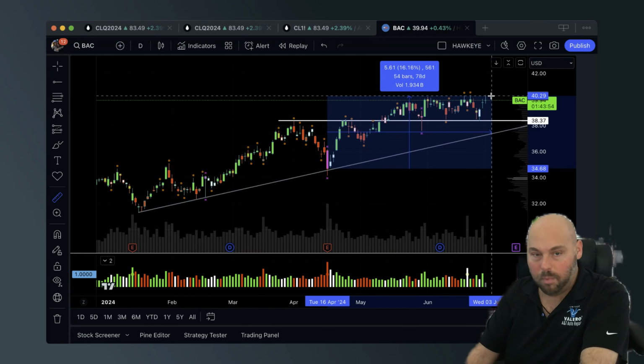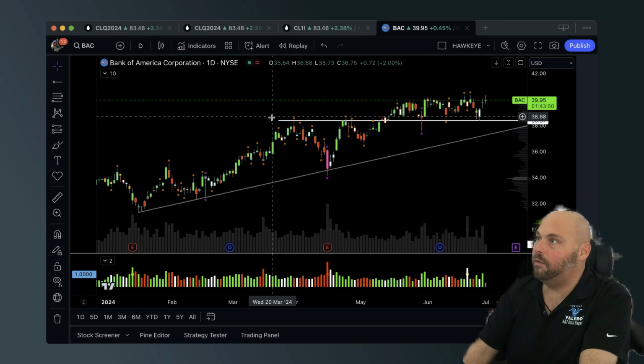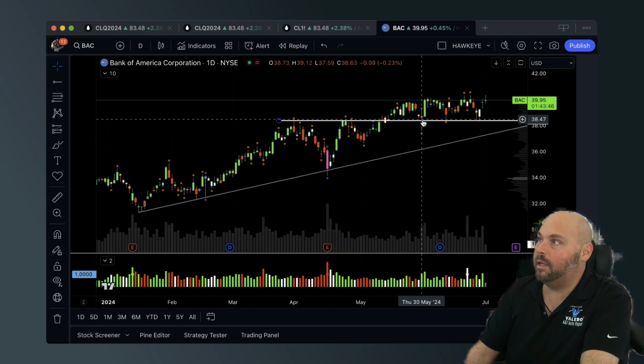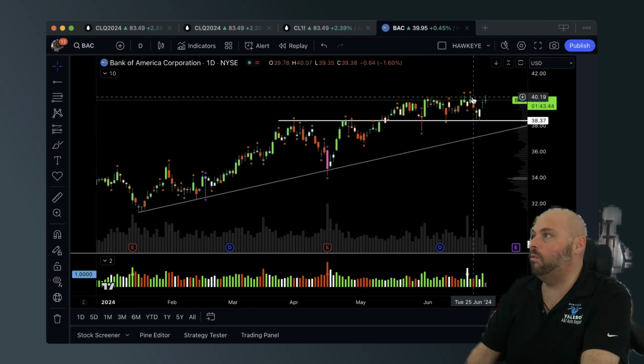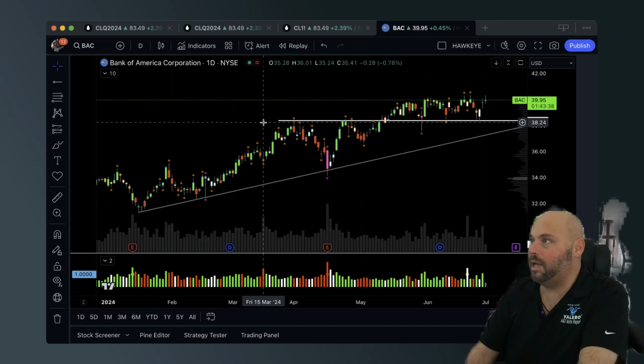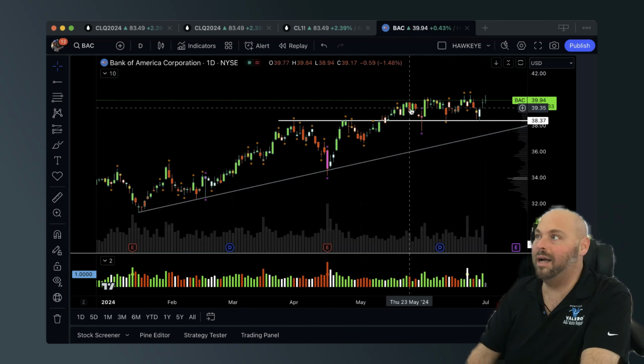Guys, this is meaningful, right? Now, just having a simple understanding of, hey, once we break a double top, that should now be considered support. You know that as long as we don't close below these highs here, that there's still a chance that price could continue to push higher.